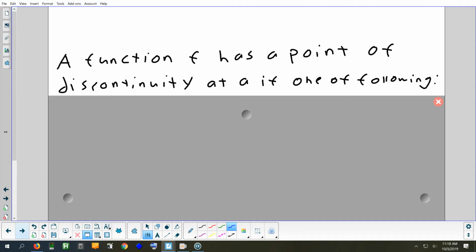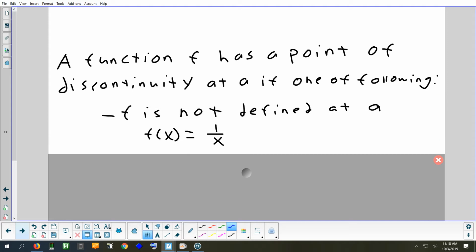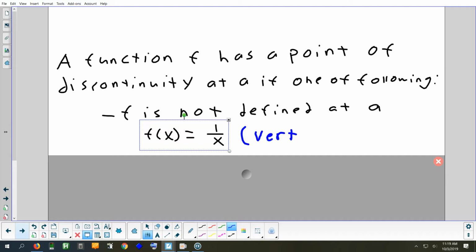Okay, so there's a couple different ways that you can have what's called a discontinuity. The first thing that can happen is you basically have a divide by 0. That's what this would be. You've got an undefined value. And this results in what's called a vertical asymptote. Has anybody heard of that before?